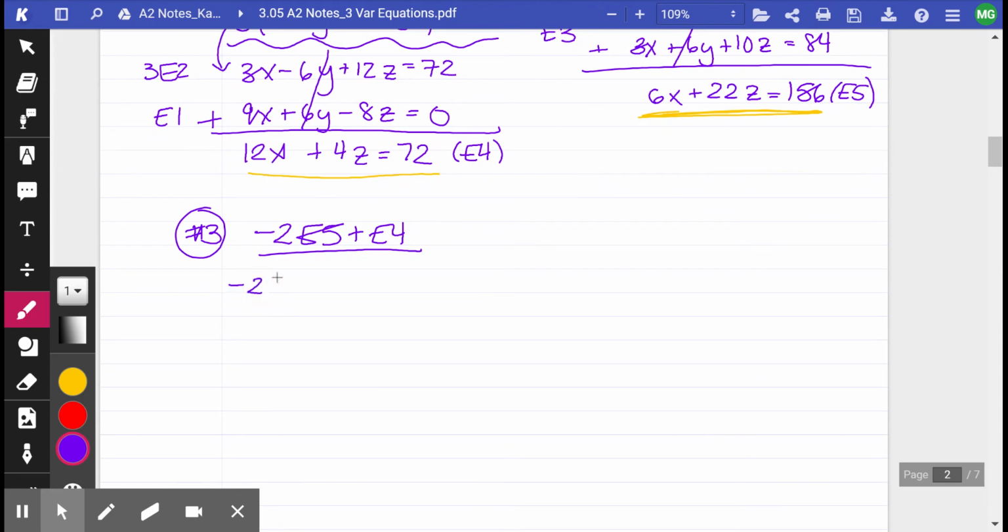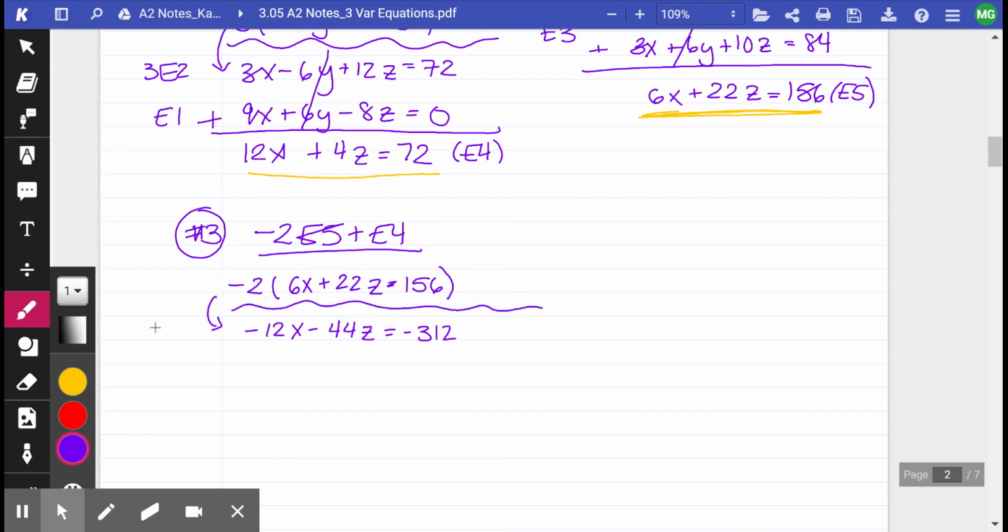So I'm going to take -2 times equation 5, which will give me -12x minus 44z equals -312. Then, so that's -2 times E5, and then E4 is positive 12x plus 4z equals 72.